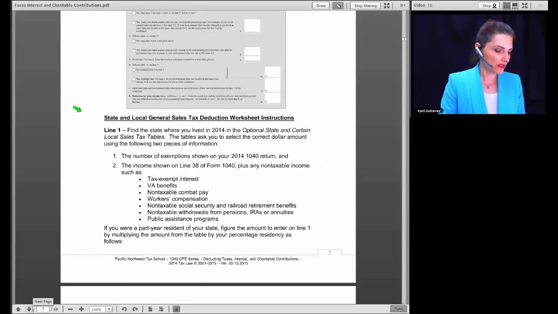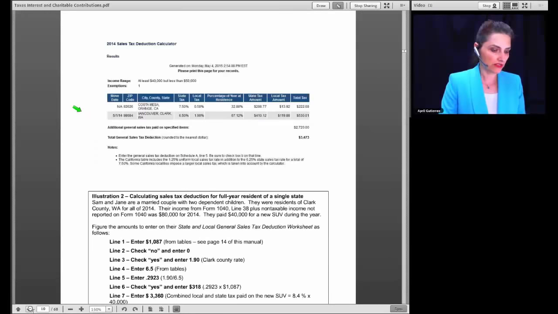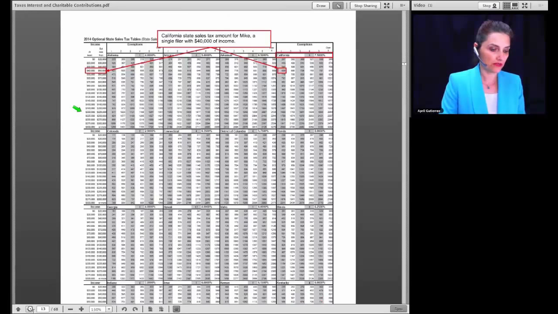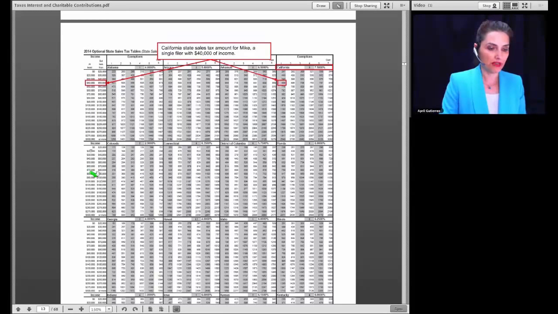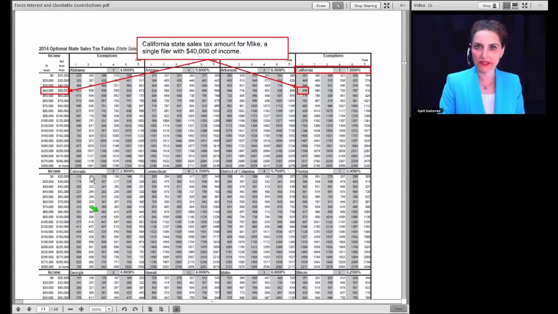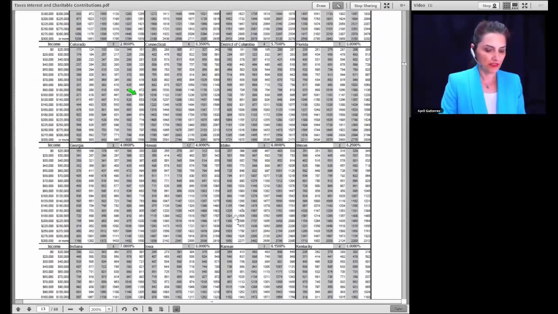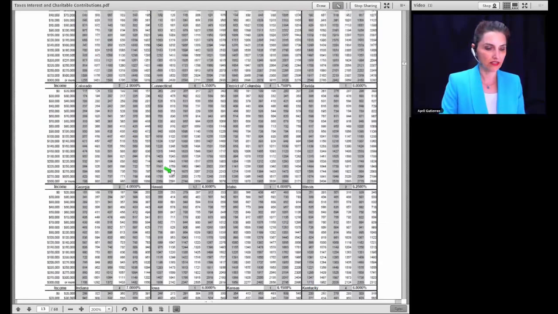So I'm going to show you these tables that I'm referring to, because line number 1 says go to the tables and figure the amount from the tables based on the number of exemptions that are being claimed on your return. You can see that there's a separate table for each state. Here we have Alabama, then Arizona, here's Connecticut, here's Kansas, Kentucky, and so on.